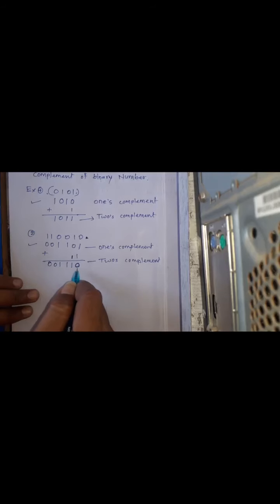This is the twos complement of this binary number. In this way, we can take the complement of a binary number by ones complement and by twos complement.